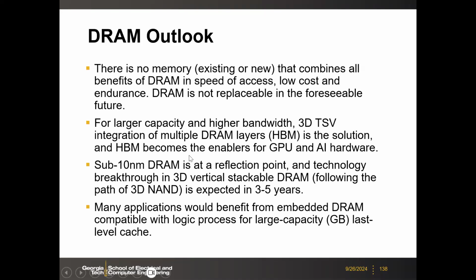For the DRAM technology itself, even though you have the stacking for the HBM, each layer within the stack is a 2D DRAM. And each of those today is at the 1C node, which is like 11 or 12 nanometer in terms of the feature size. So how to scale the 2D DRAM below 10 nanometer is an open question.